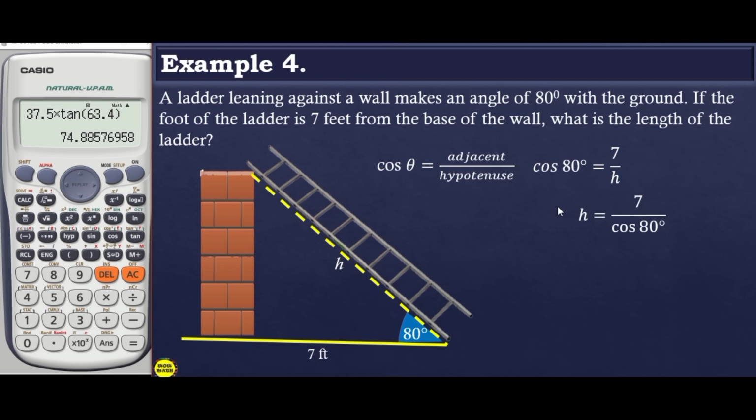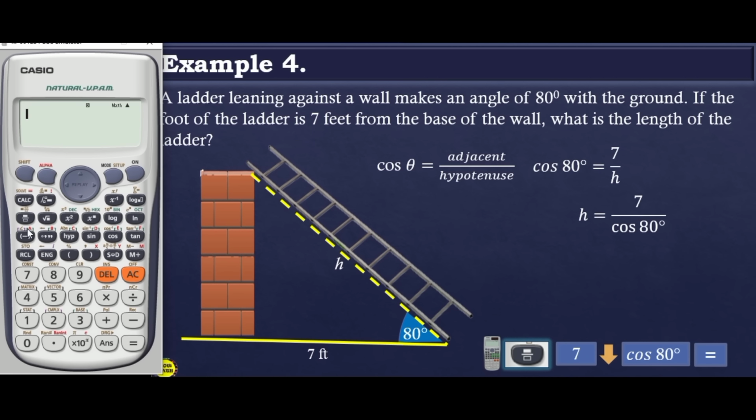So by cross multiplication, we have h. So since ka-pair niya po yan, lagay na natin agad to sa denominator para mas mabilis. So h is equal to 7 over cosine 80 degrees. So, isolve natin siya using calculator. So, these are the steps. Click nyo po yung fraction, and then sa taas, type 7. And then, arrow down, cosine 80.